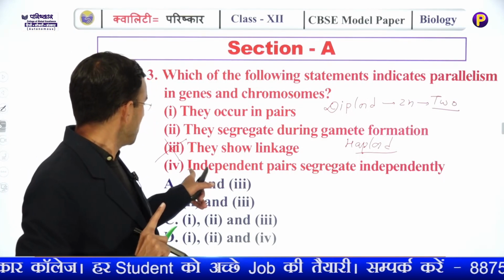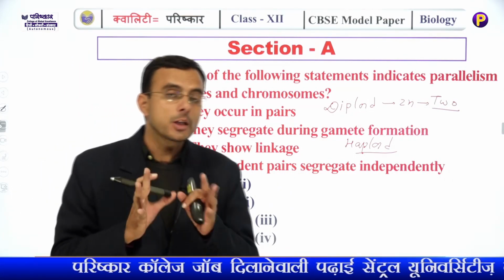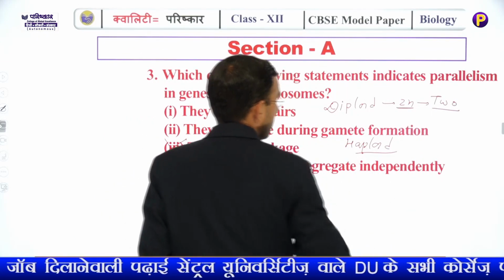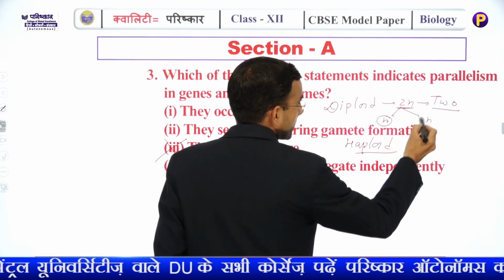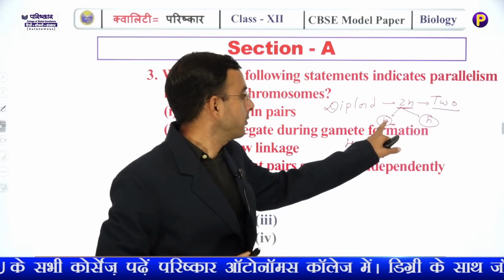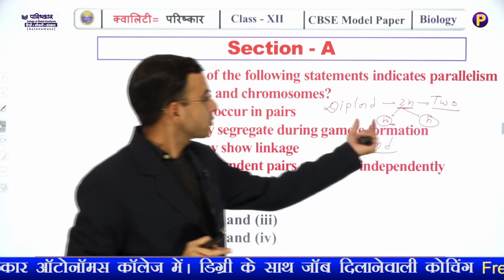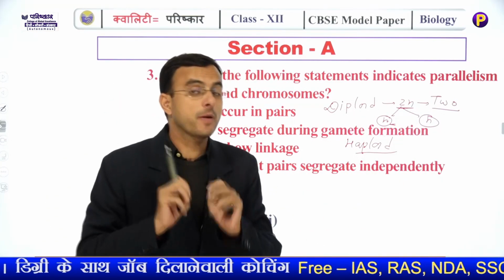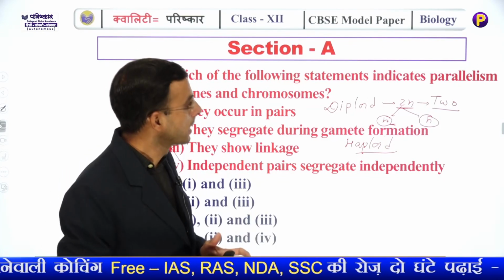Now the next one is, independent pairs segregate independently. Yes, because during the formation of gametes, look at this one, 2n means there is one set and another set. One set any organism gets from the father, and the other set it gets from the mother. So every species has a fixed number of chromosomes, one set coming from the mother and one set from the father.